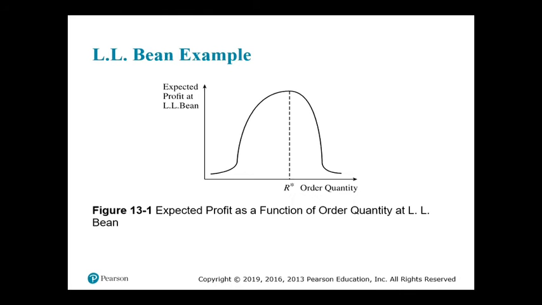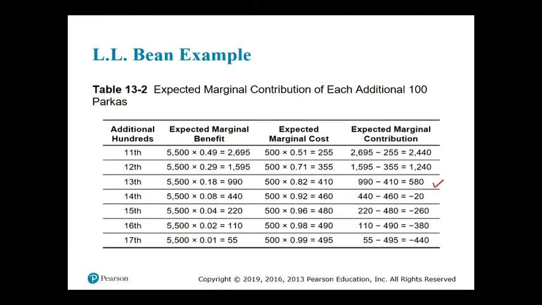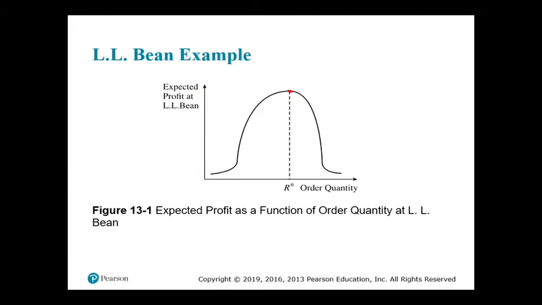And if you plot out the expected profit figure, it will look something like this. And this highest point would correspond to 1,300 units. So, can you tell me what is the corresponding cycle service level?